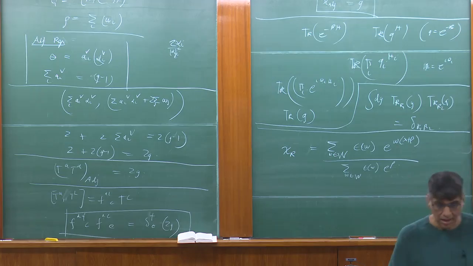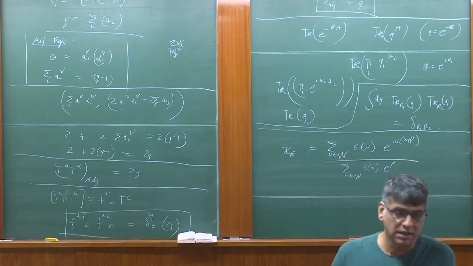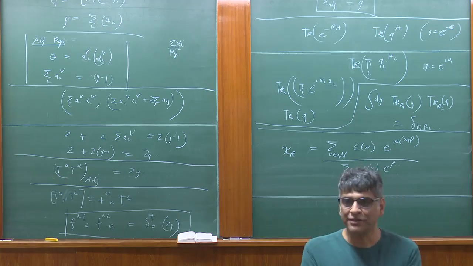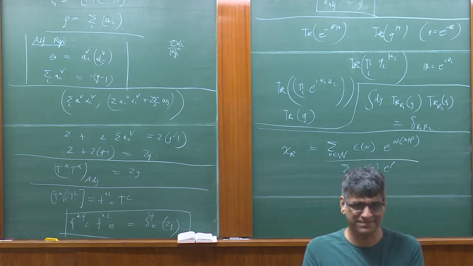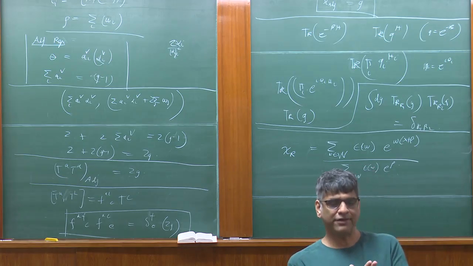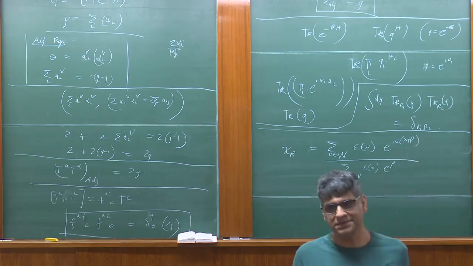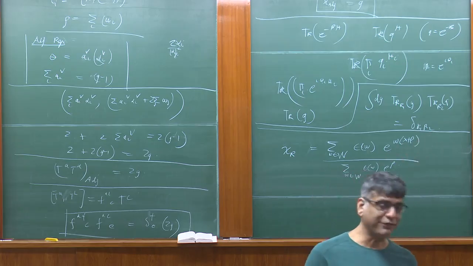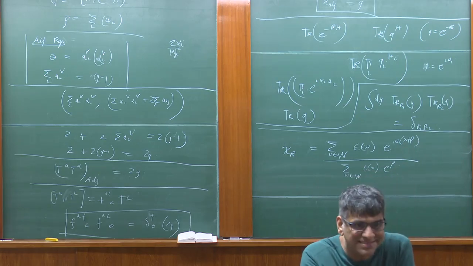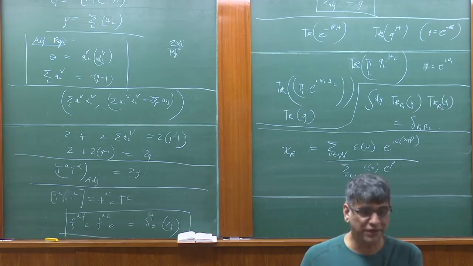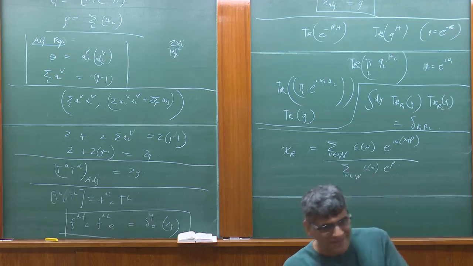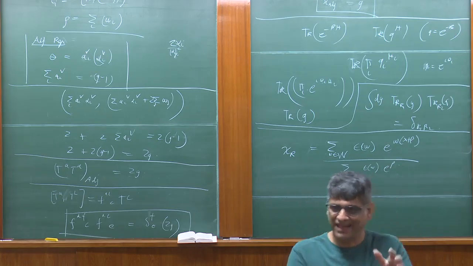There is an equivalent statement which says that people give it a name. They call them dominant weights. All weights can be obtained from weights in the fundamental chamber by Weil reflections, and whatever is in the fundamental chamber, you call dominant weights. But the number of dominant weights depends on the representation. In fact, this Weil character formula is obtained first by looking carefully at these dominant weights and then reflecting.